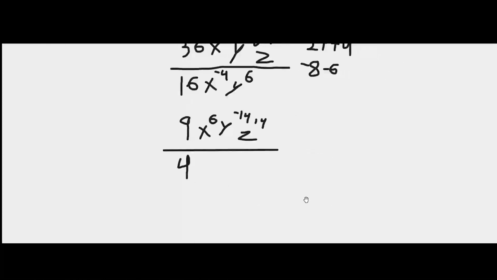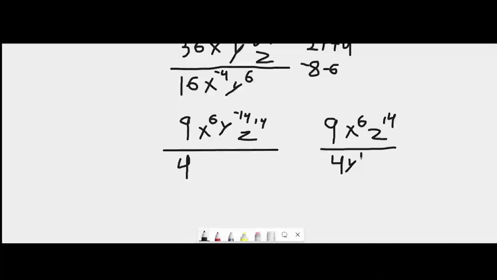So our actual answer is going to be 9x to the 6th z to the 14th over 4y to the 14th. And it's because we're taking this and sending it down there.